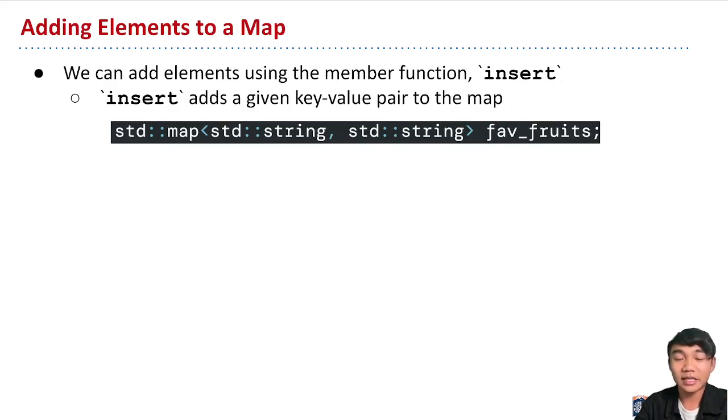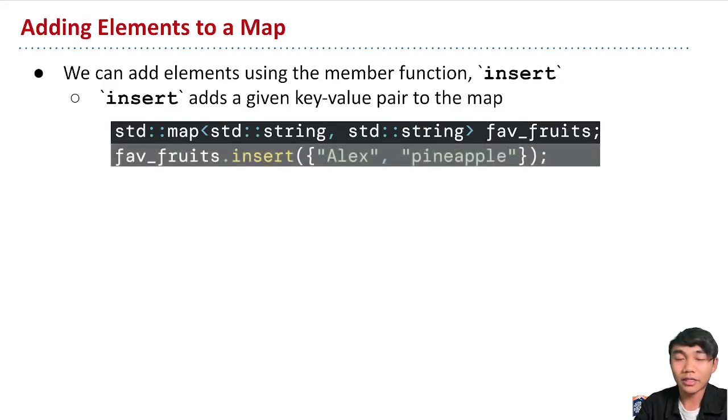So how do we add key value pairings to this map so that we can associate people with their favorite fruits? We can use a member function called insert, and we can access that member function using dot notation. So we can call insert by specifying the variable name followed by a dot, and then the name of the member function insert, which takes in a key value pair.